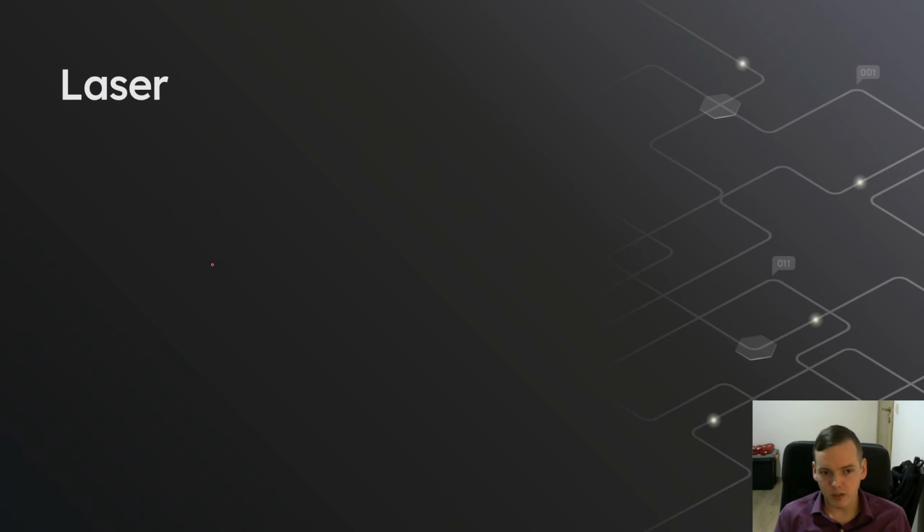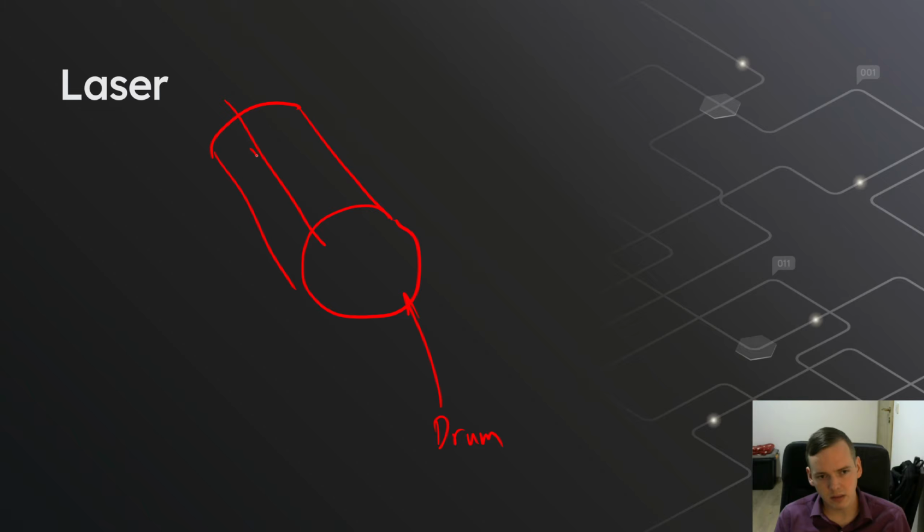A laser printer, on the other hand, has a drum inside. It'll have a drum that'll look something like this. And it uses a laser. So it'll have a laser on a track like this.